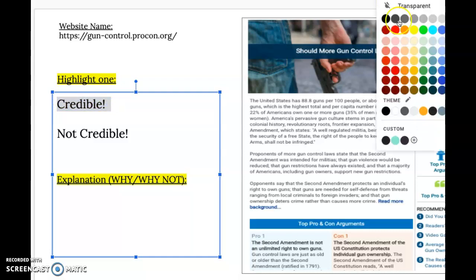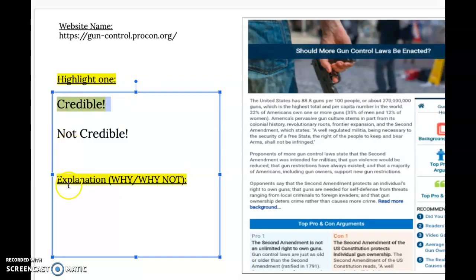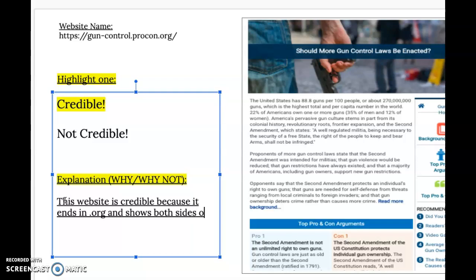Okay, it says to highlight. So I'd highlight my answer and then explain in one sentence. So this website is credible because it ends in .org and shows both sides of the argument.